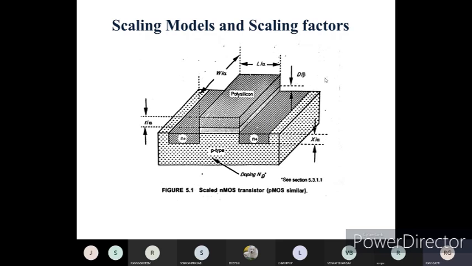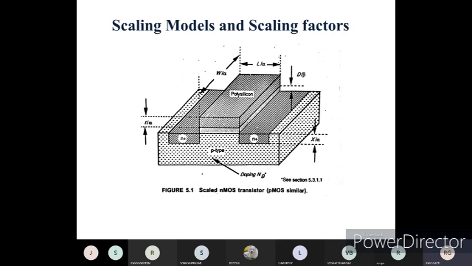Whereas in the case of voltages, we will be using the 1 by beta model, and in the case of gate oxide thickness, that is capital D, as you can see in the diagram, we will also use 1 by beta. So when you want to scale down the voltages we will be using 1 by beta.